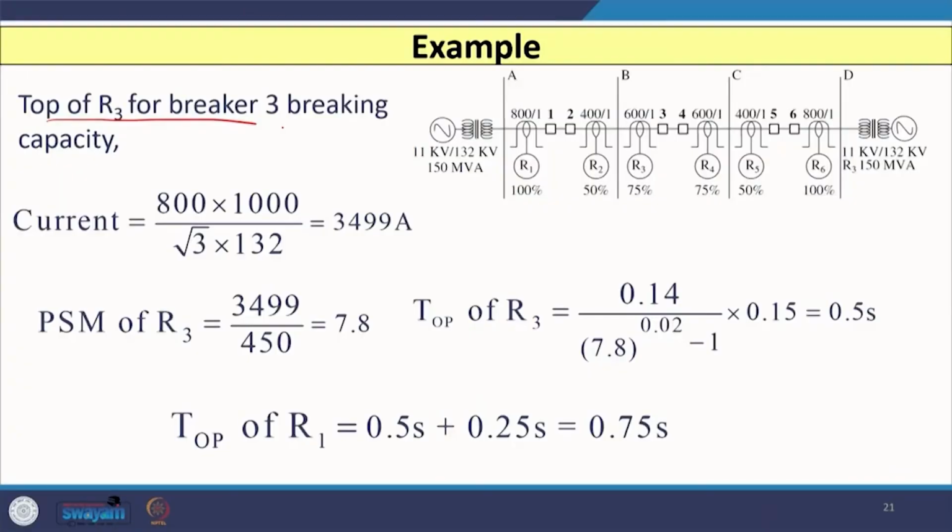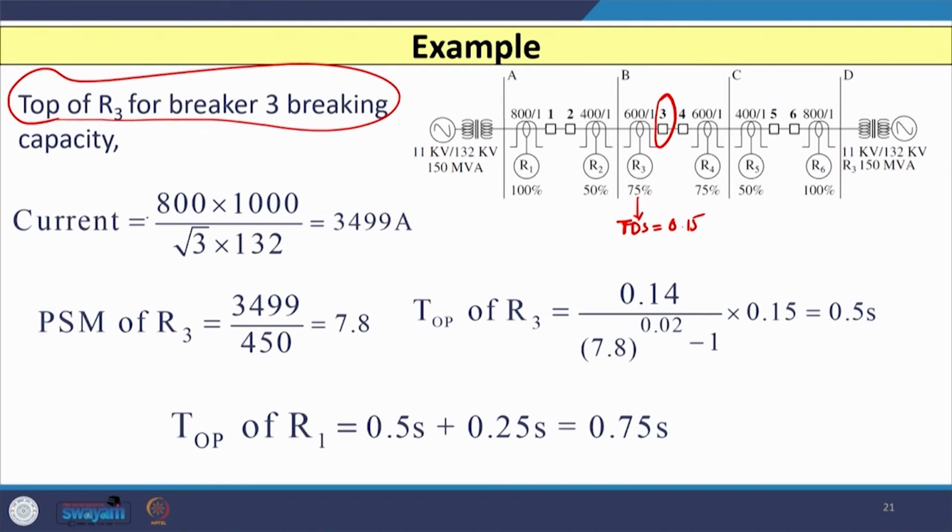Now, we know the time of operation of relay R3, because the TDS of R3 we have already calculated as 0.15. So, if I consider the TDS of R3, that is 0.15, then you can easily calculate the plug setting multiplier, or multiple of pickup current, of relay R3, considering this as the MVA capacity of this breaker.